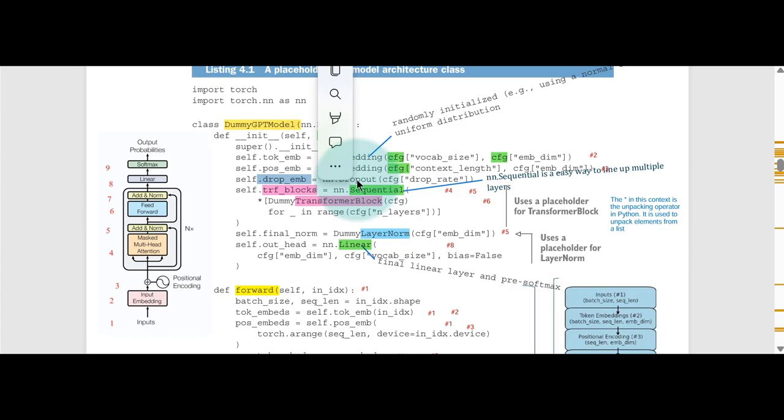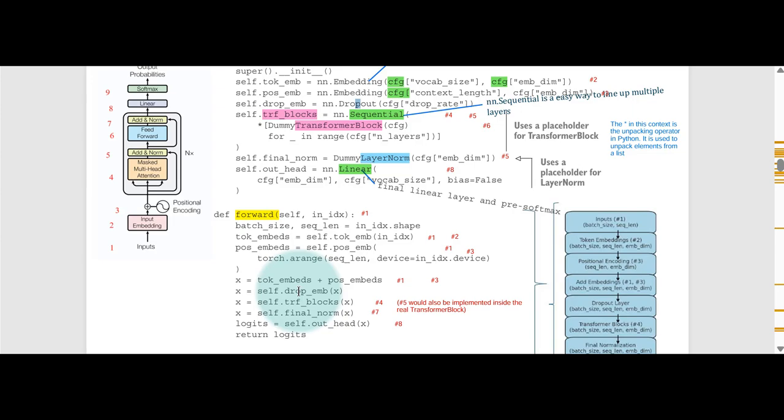It comes from nn.Dropout, so we may be doing dropout right at this point. We call the result X and pass that into the transformer blocks. We call the result of that X, and pass it through the final normalization layer.